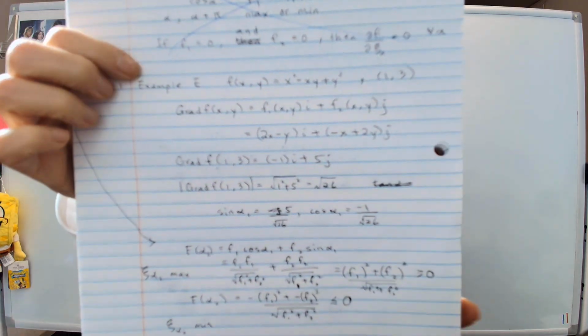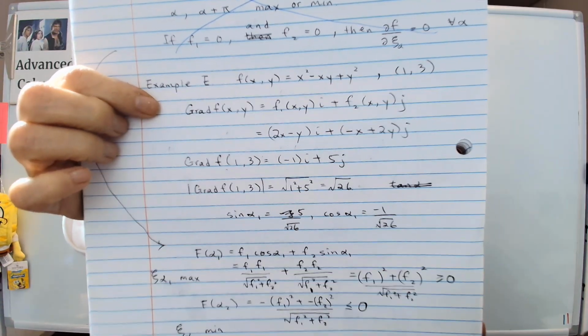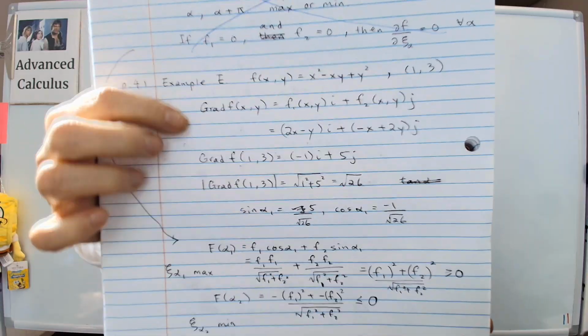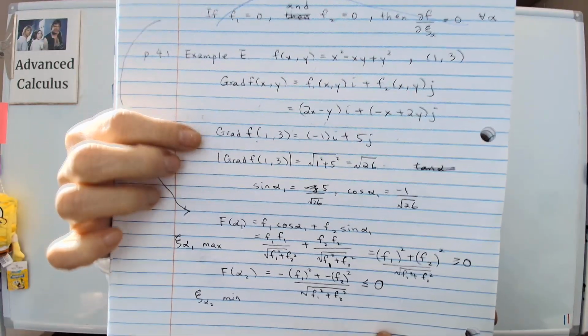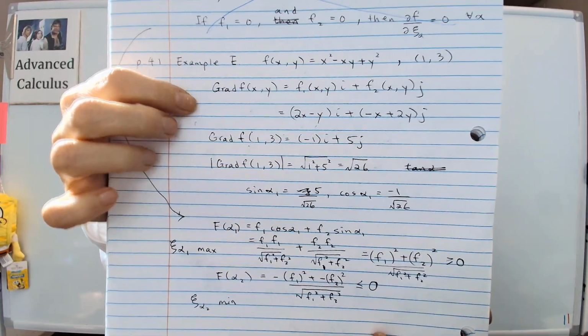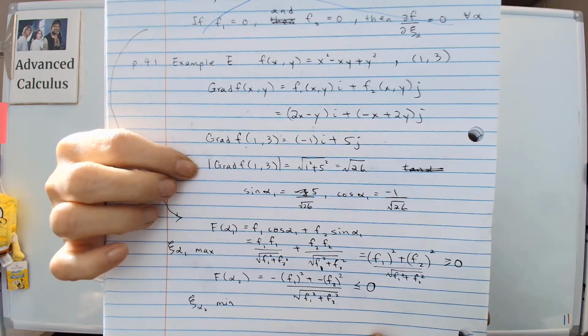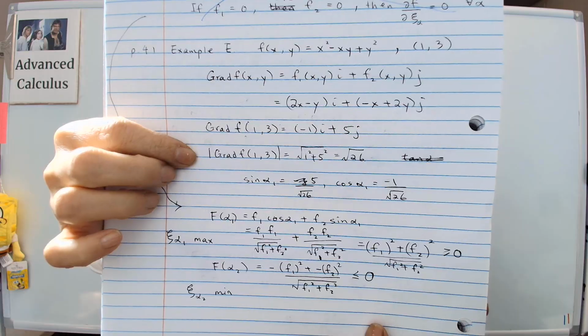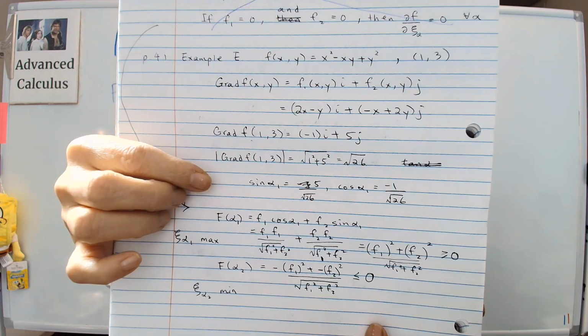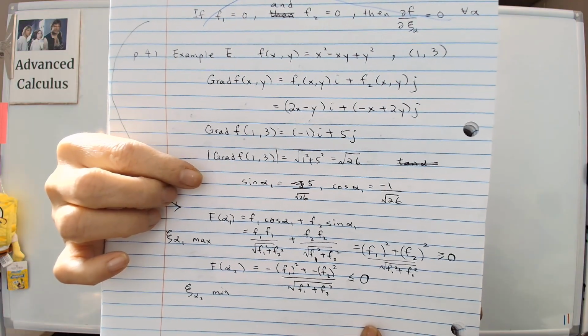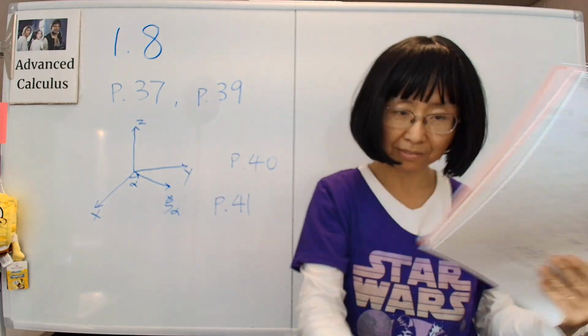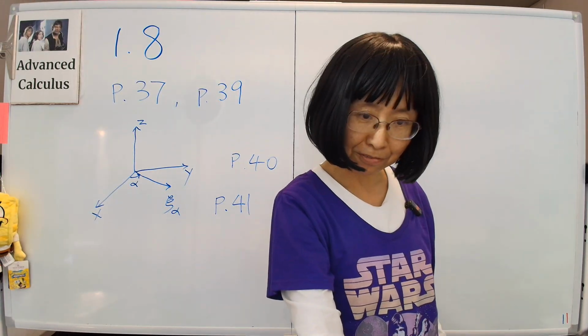You just plug in the numbers, calculate F1 and F2. I did it the old way where we have i and j. I feel like that seems to be simpler, but it doesn't matter how you do it. The point is the magnitude will be square root of 26, and then sine alpha 1 and cosine alpha 1 equal those values. And so please do that yourself.